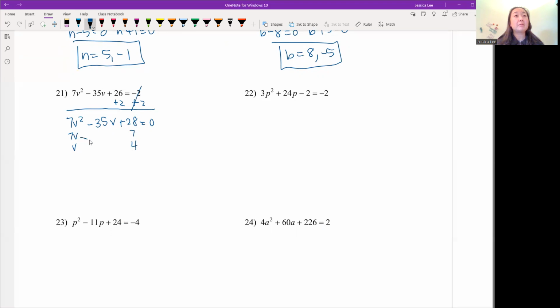And if I multiply, 7 times 4 is going to be 28. b times 7 is going to be 7b. I know I wanted to add up to negative 35, so that means both of these have to be negative. So then when I add them up, that's going to be negative 35b. Ooh, happy days. So make sure to put the negatives there so that we're good to go.